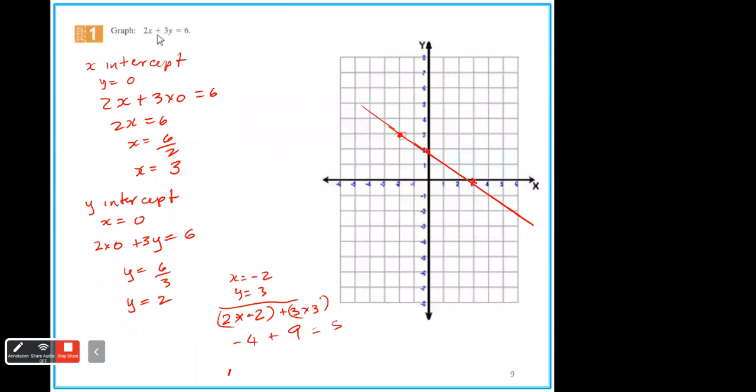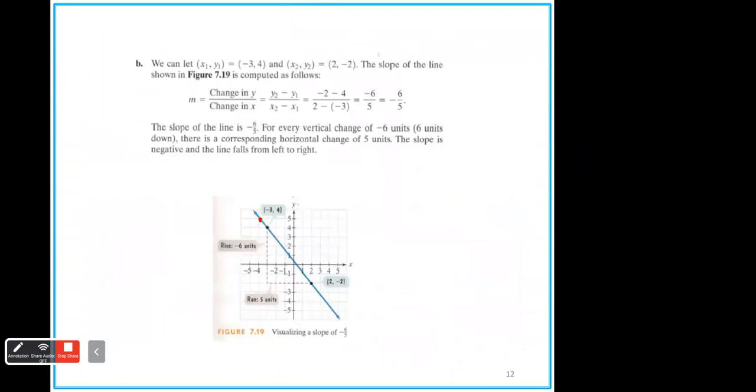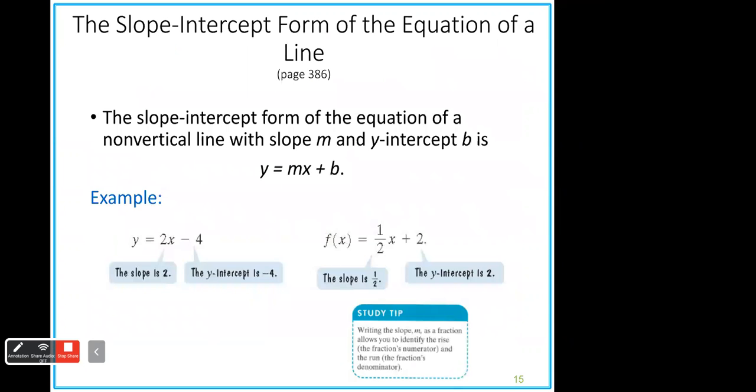It's 2x plus 3y equals 6. To get it in the slope-intercept form, it should be written with y equals some number, which is your slope, times the x, plus some other number. So these are two examples of equations written in the slope-intercept form.